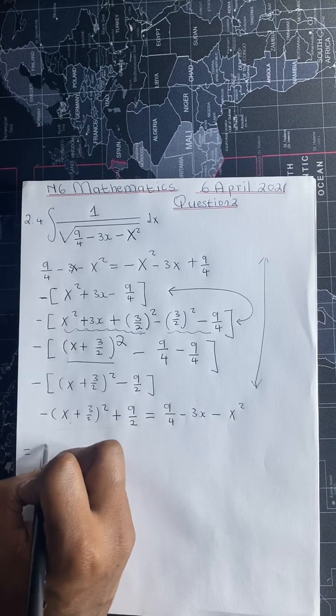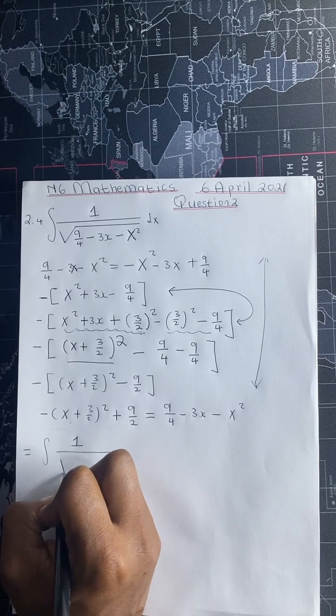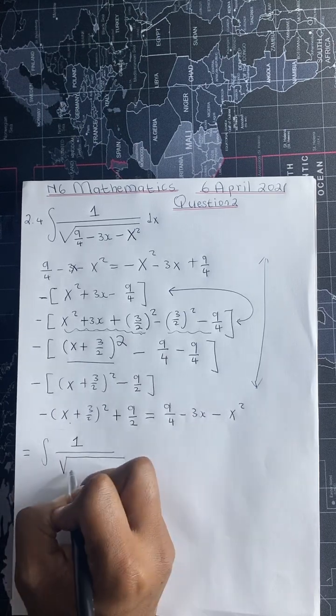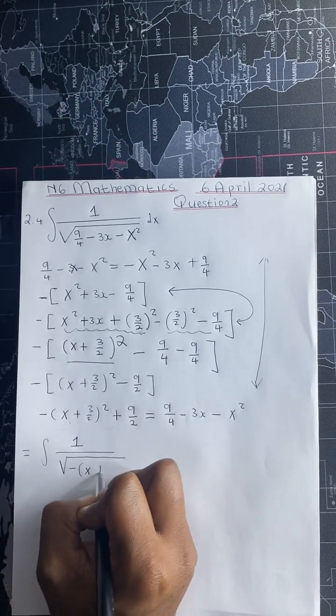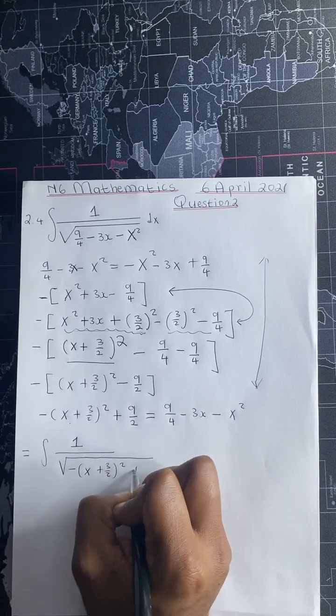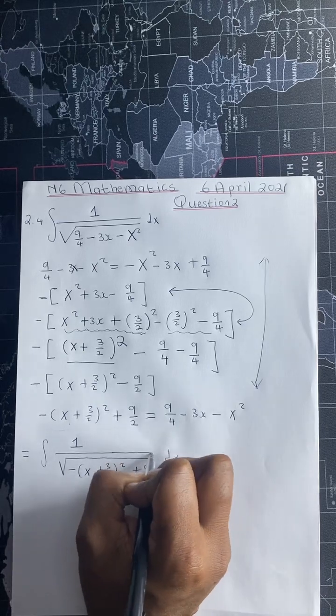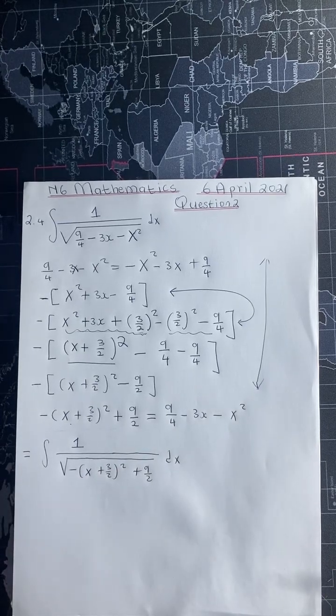So this will be equal to the integral of 1 over the square root of minus x plus 3 over 2 squared plus 9 over 2 dx. So now we can refer to our formula sheet.